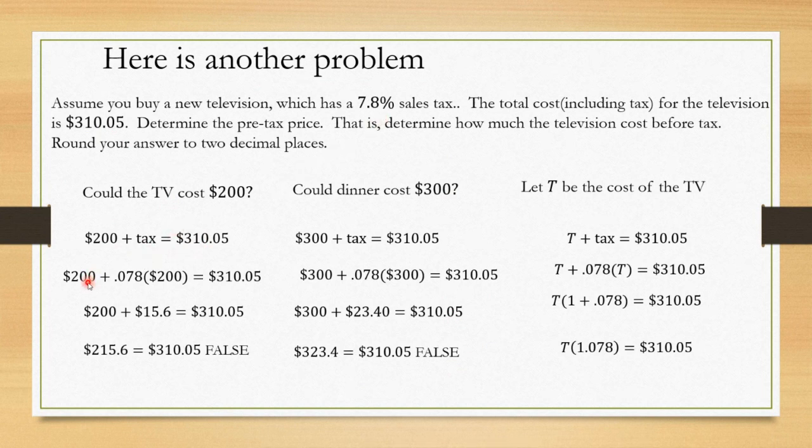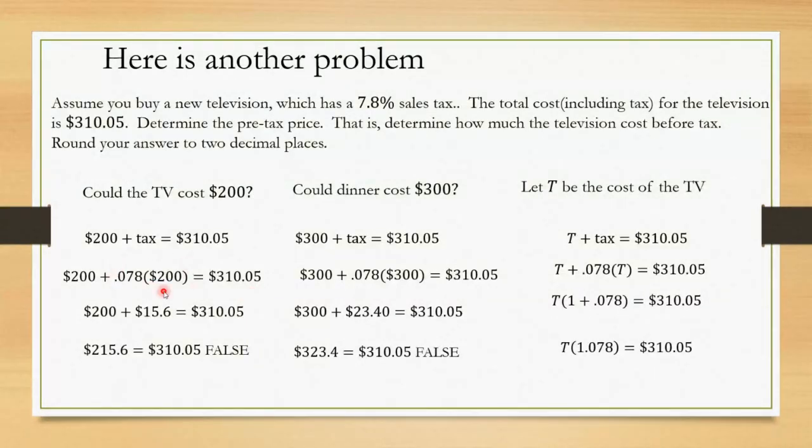So $200 plus 7.8%, again, that's 0.078 times $200. If you take a percent of something, and follow the calculation like we did before, you end up with a product. So this is what we have, and this should equal $310.05.